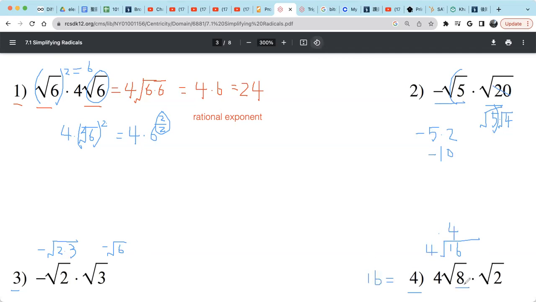If you remember, the square root of 8 is 2 radical 2. I can do it this way too. Now I have radical 2 times radical 2, a radical squared, which becomes 2. Then times this 2, that's 4. 4 times this 4 is 16.